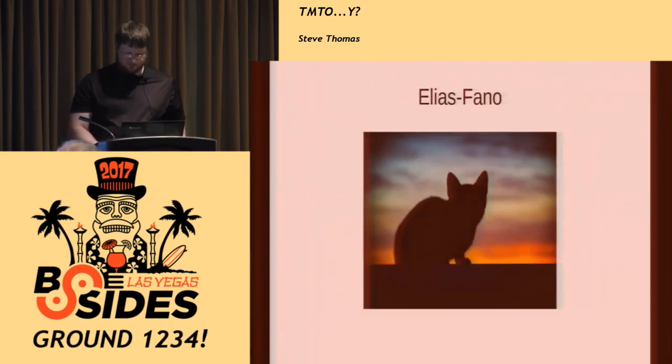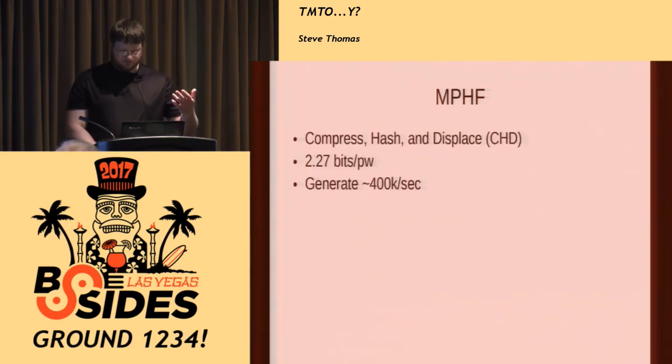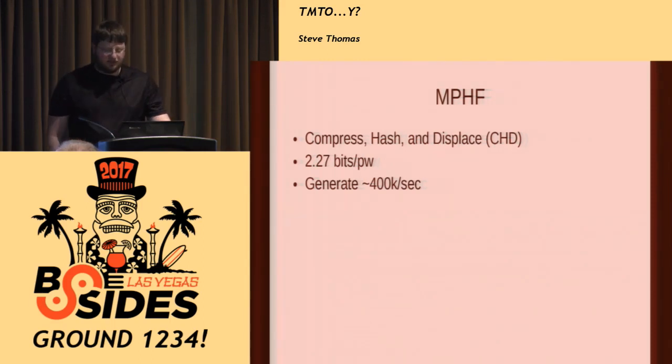So, minimal perfect hash function. It's like a hash function. Minimal means that your array is the exact same size as the amount of data that you're storing. Perfect means that there's no collisions in it. There's this algorithm called compress, hash, and displace.